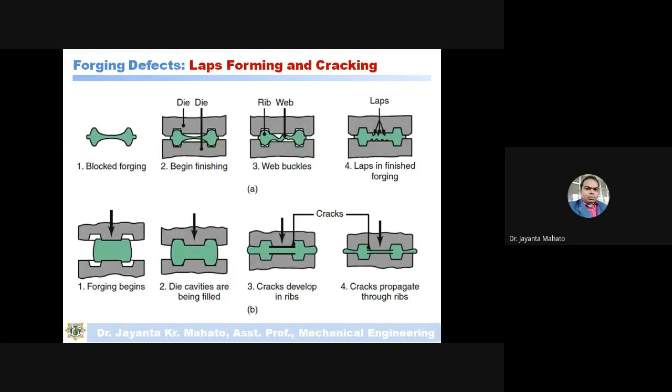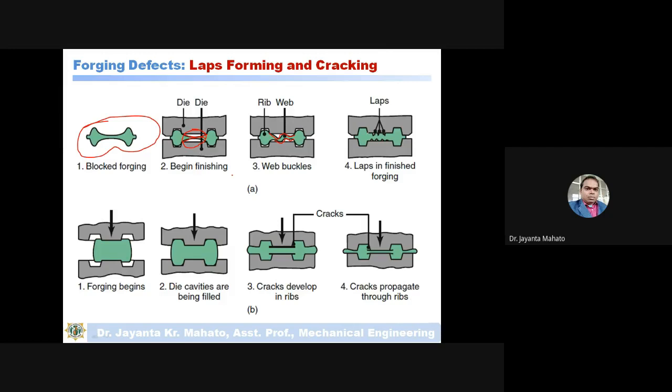There are two types of defects: one is lap forming and the other is cracking. Suppose this is the block of forging. The material does not flow properly, so in between, parts can get folded over due to improper flow of the material.